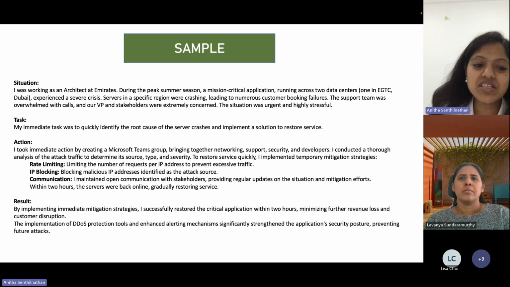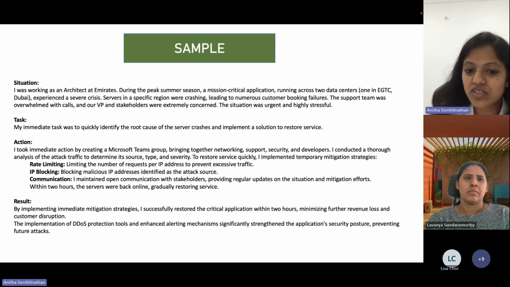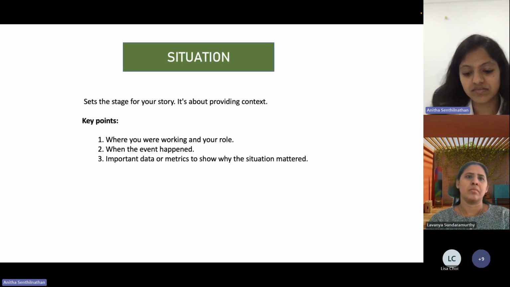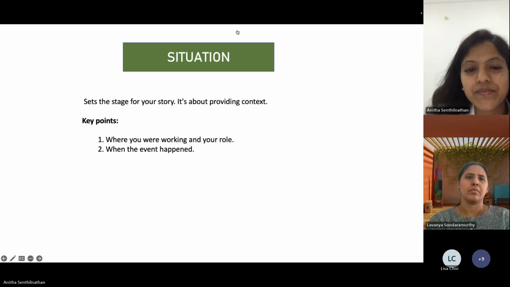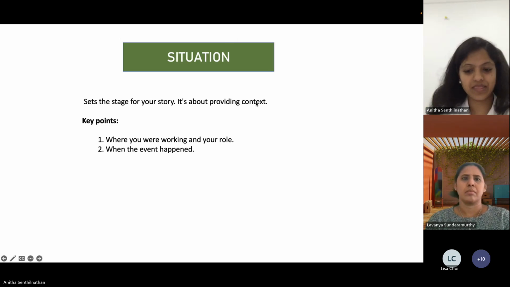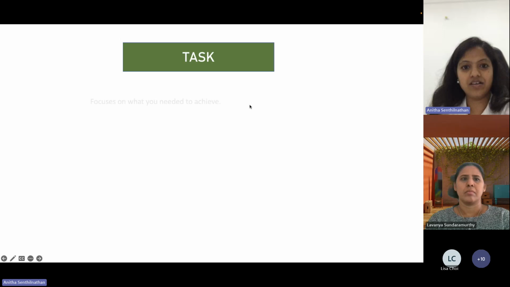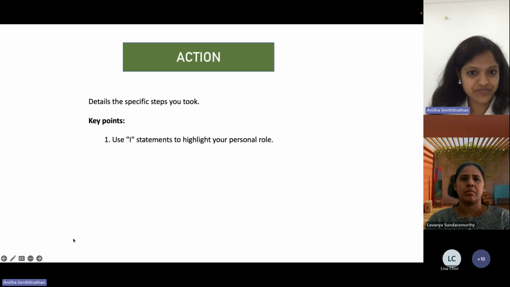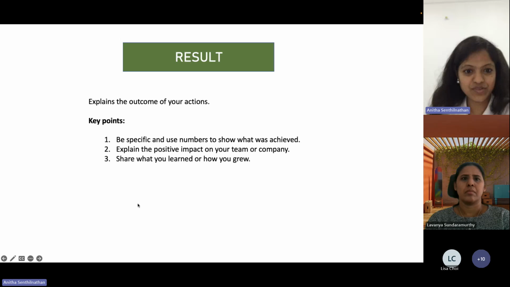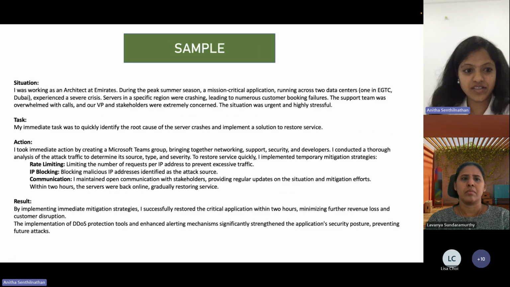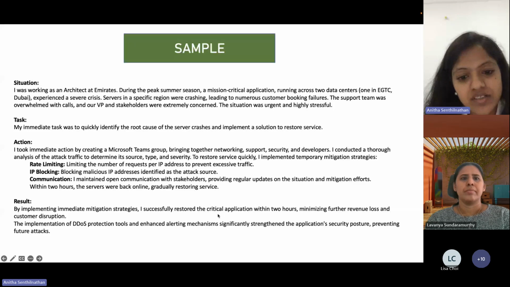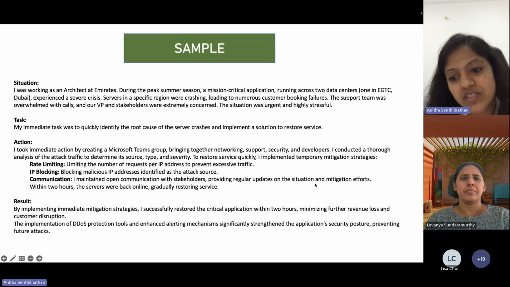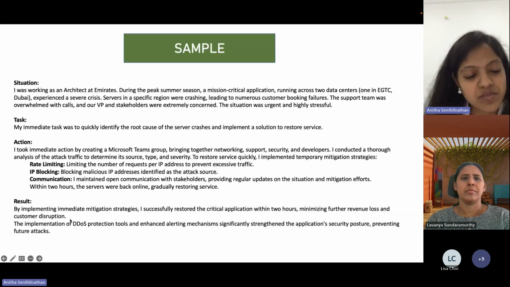By implementing immediate mitigation strategies, I successfully restored the critical application within 2 hours, minimizing further revenue loss and customer disruption.